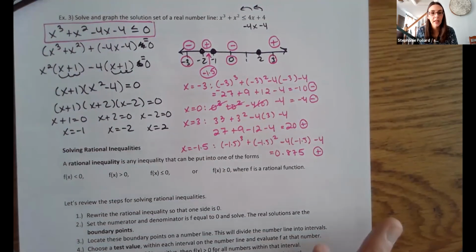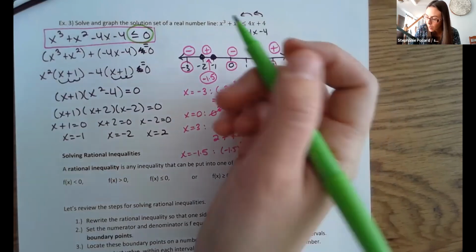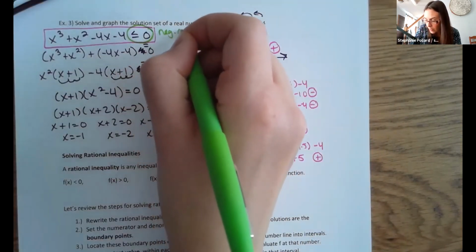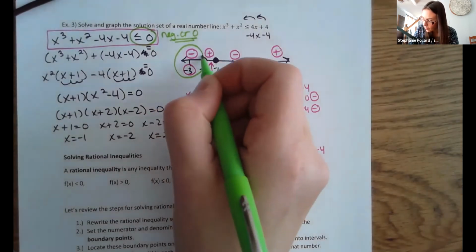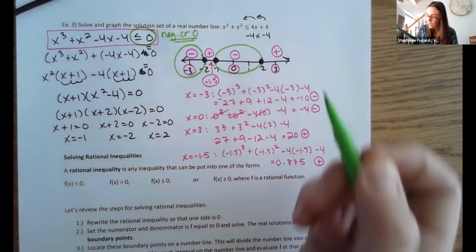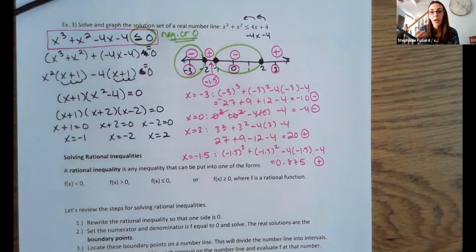Now, our answer here is all about less than or equal to 0 again. So I'm looking at negatives or 0. So I want this area and I want this area. I'm looking at equality as well, so equal to 0. So I'm going to include my boundary points here.